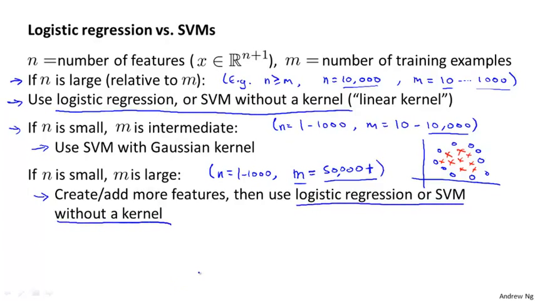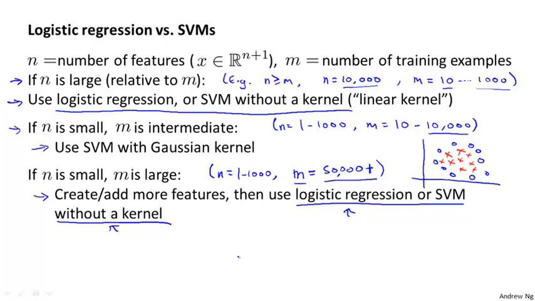Well, there's a reason for that: logistic regression and SVM without a kernel are really pretty similar algorithms, and either one will usually do pretty similar things and give pretty similar performance, but depending on your implementational details, one may be more efficient than the other. But where one of these algorithms applies, the other one is likely to work pretty well as well.